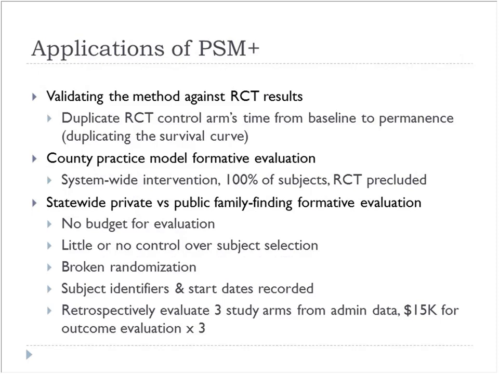So we validated the method against some RCTs. We were running a randomized trial, but at the same time, using the same data set, I can look back in the administrative data, which there was plenty, and find matching subjects. And then what I'm seeking to do is produce all of the same statistical tests and effects as the control group.